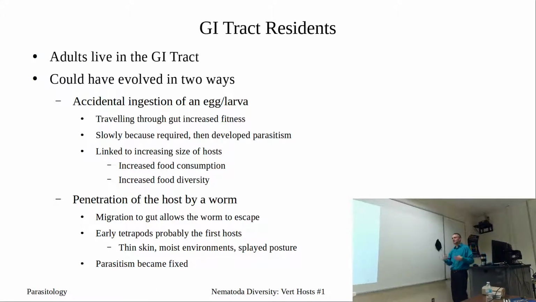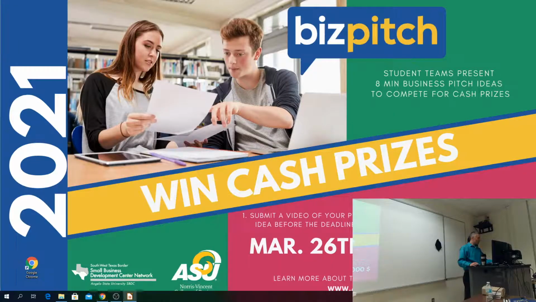Anyways, it's tied to increasing food consumption. We're going to fix that one, because that just bothers me. I don't know what I was saying here. So this method, I guess maybe it slowly became required, then developed parasitism. I think that's what I was trying to say.